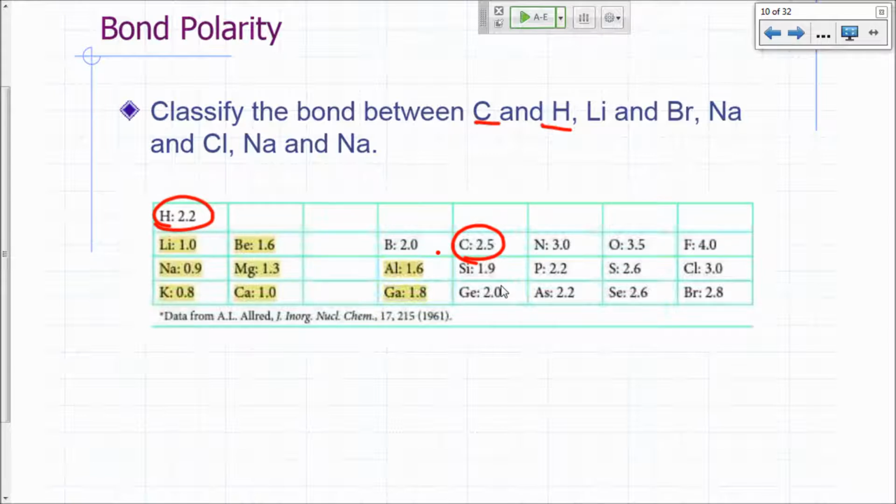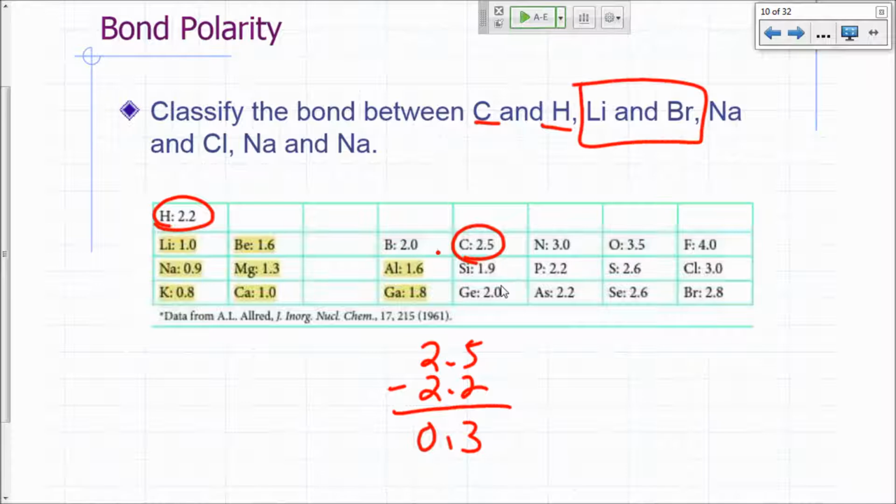So you might see 2.1 in your textbook. What's the difference between carbon and hydrogen? A difference of 0.3. So a carbon-hydrogen bond, strictly speaking, is polar covalent. But for practical purposes, that difference is so small that we say the bond is essentially nonpolar. So C-H bonds are generally considered nonpolar bonds.